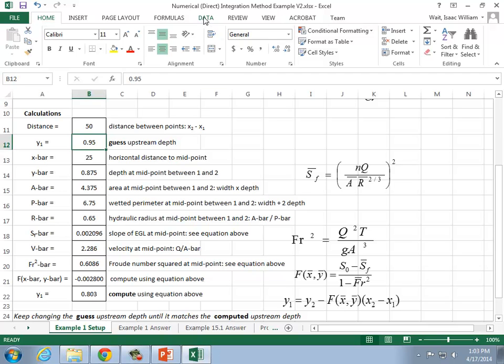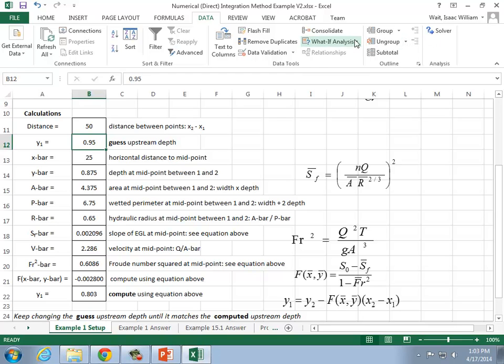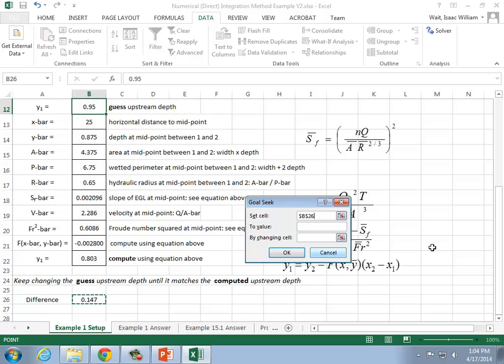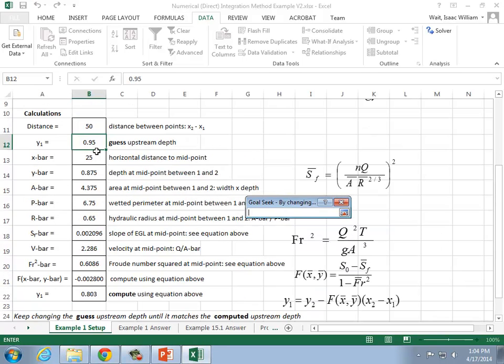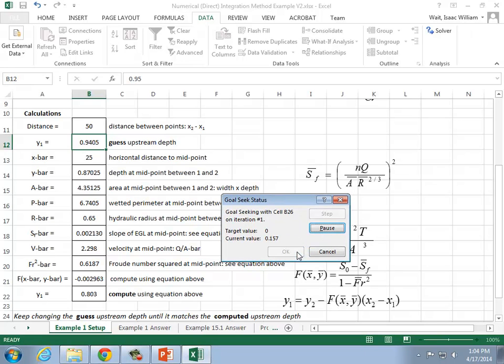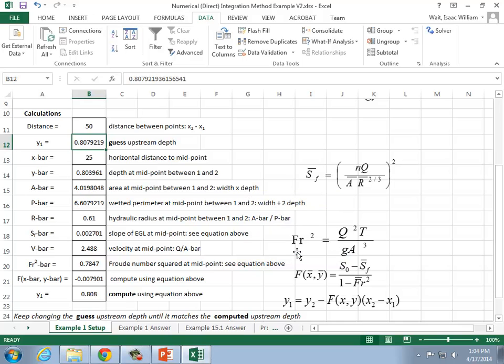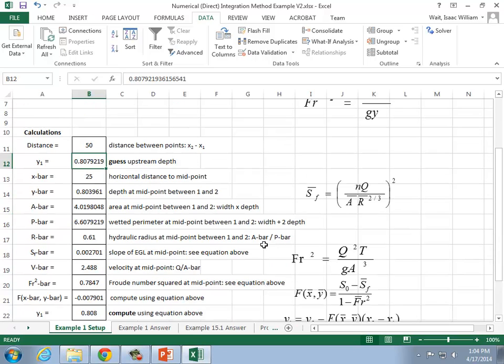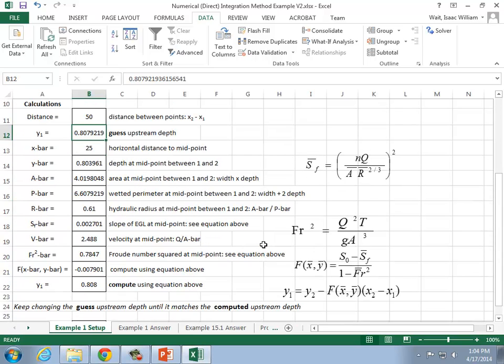Let's go into Data, What-If Analysis, Goal Seek, and I want this difference to be 0. And I want it to achieve that by changing this guess of the depth. And so I say OK. And I'm getting a strange feeling that there's something wrong with this example.